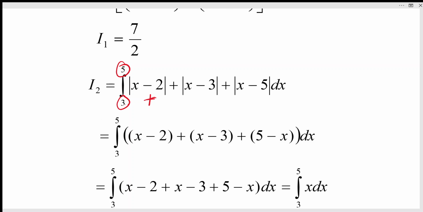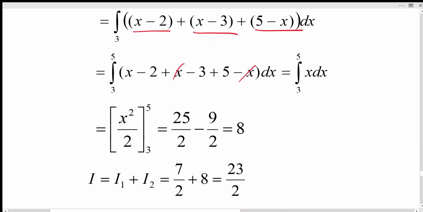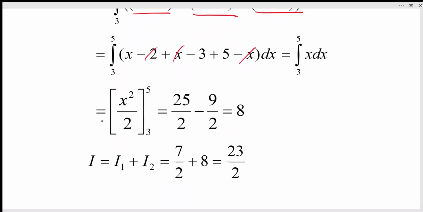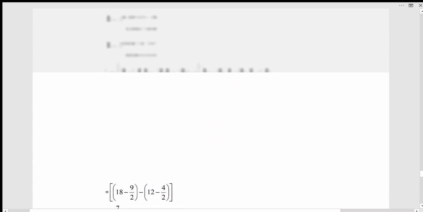This will also be positive, but this one will be negative because x is less than 5, so I have written it as 5 minus x. Simplifying, x and x will be cancelled, and minus 2 minus 3 plus 5. So you're getting x square upon 2. Integrate, and then add both the integrals. Just have a look here, add both the integrals.